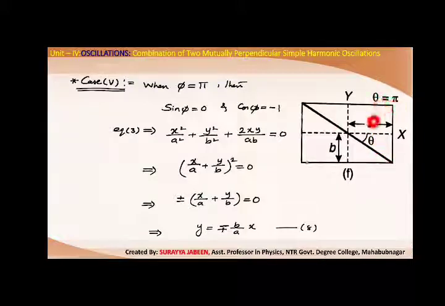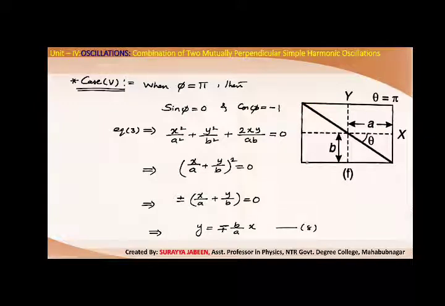When phi equal to pi, we get the resultant path of two mutually perpendicular simple harmonic vibrations having the same frequencies, with the phase difference between the two vibrations being pi, 180 degrees. Then we get the resultant path as two coincident straight lines.